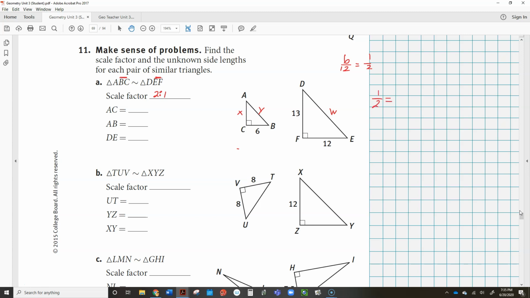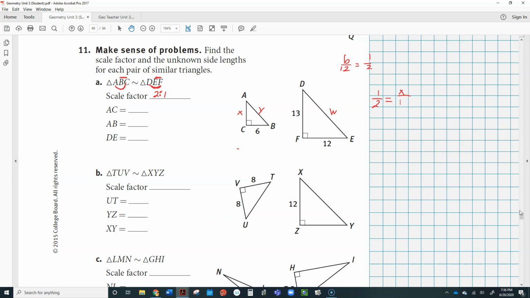If I use the scale factor 1 to 2 and I put the 1 on top, then anytime I use a side that I'm looking for, let's say side X, it has to go on top because the smaller number is on top. And then we have to pick a number from the big triangle that corresponds. Now remember, AC right here corresponds with DF.